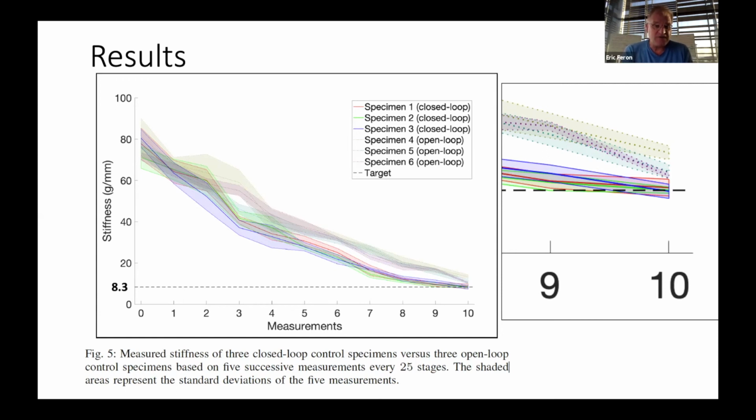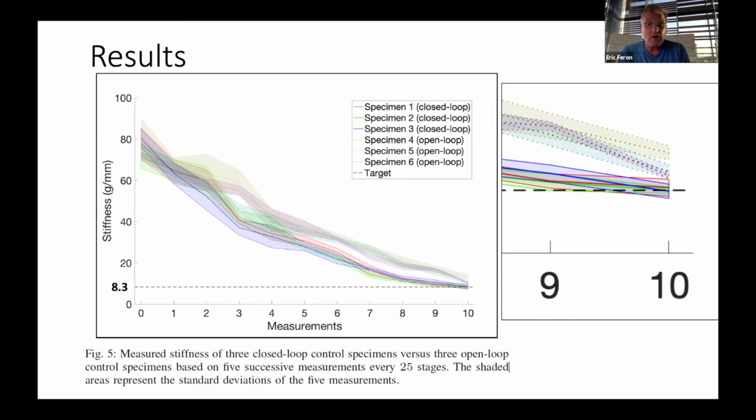The target stiffness, once the beam is fully printed, is shown on this graph. And what can be seen both to the left and in more detail to the right is that indeed there is an improvement provided by checking in real time the characteristic of the beam that has been printed.